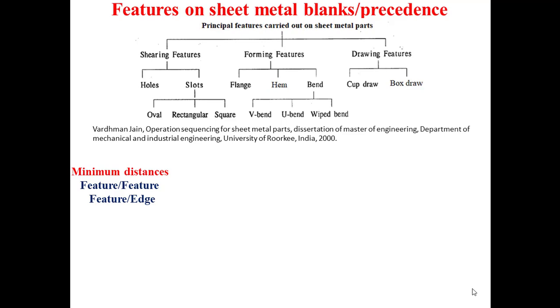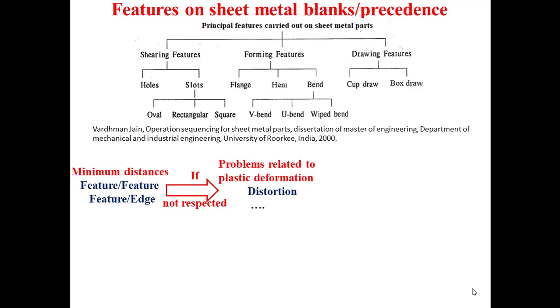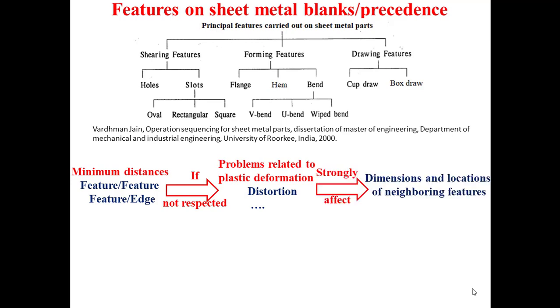These minimum distances must be taken into consideration since if they are not respected, this will induce problems related to plastic deformation, such as distortion and other problems. And these problems will strongly affect the dimensions and the locations of the neighboring features.